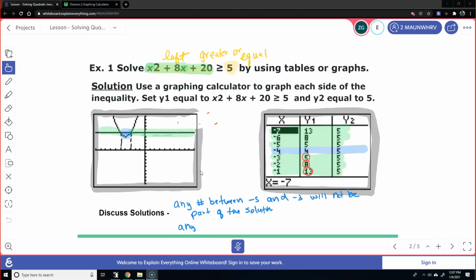Any number greater than or equal to -3 will be part of the answer.